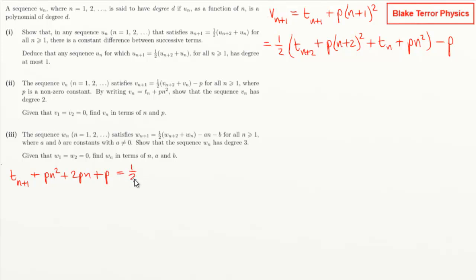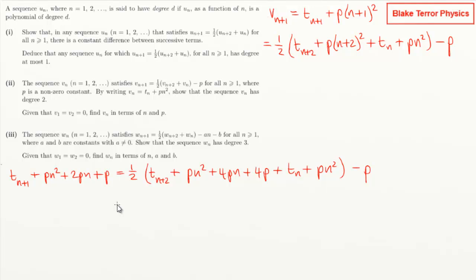Then I've got a half of Tn plus 2, then a Pn squared, then a 4Pn, and then a 4P. Okay, then I've got the Tn, then the Pn squared, and then the minus P at the end.